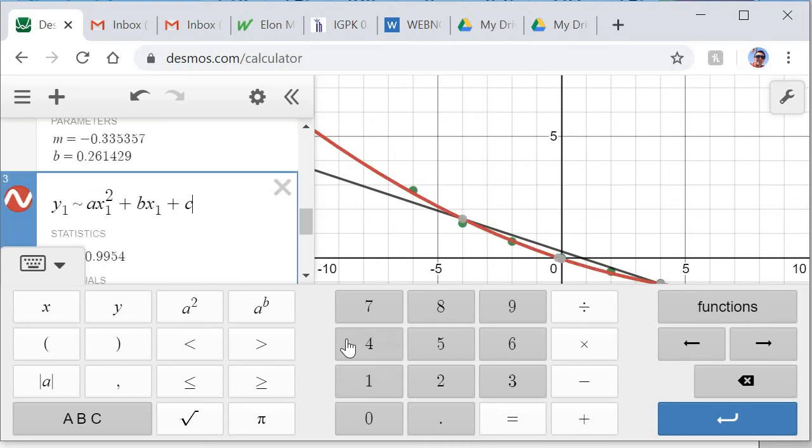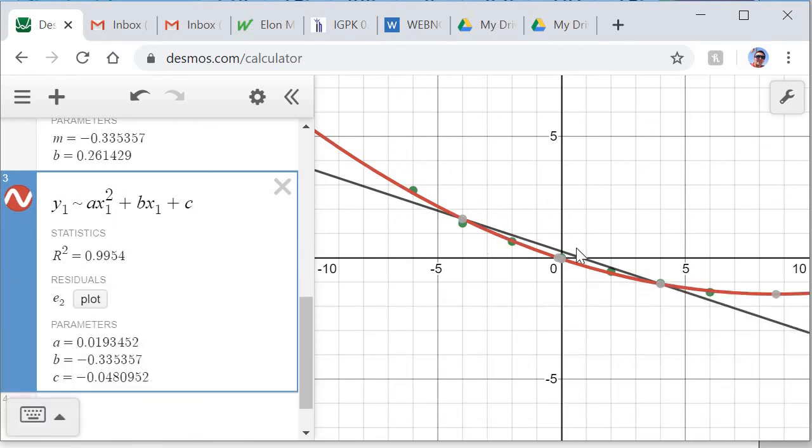This is the general makeup of your quadratic equation, or a curve. And now let's take a look at the curve. It looks like this. And take a look at the r squared. Take a look at that. And we're going to copy paste, and we're going to compare it to our linear one.